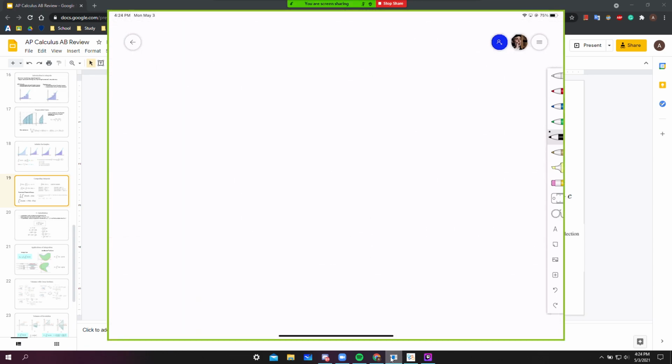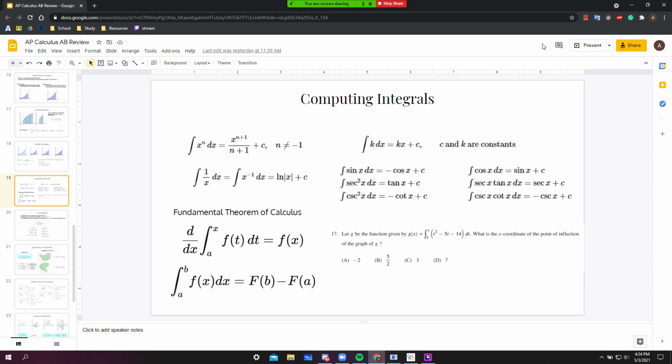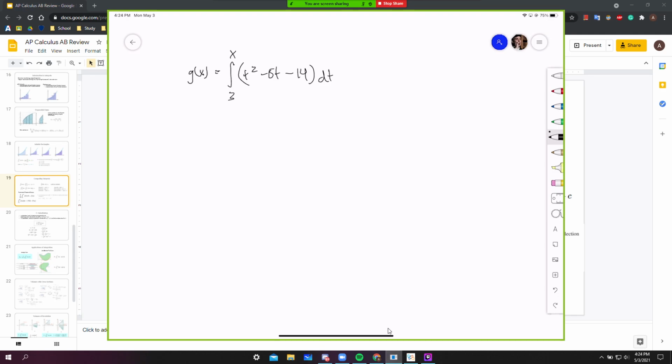Okay, so g prime of x is equal to x squared minus 5x minus 14, and that's just using the fundamental theorem of calculus.